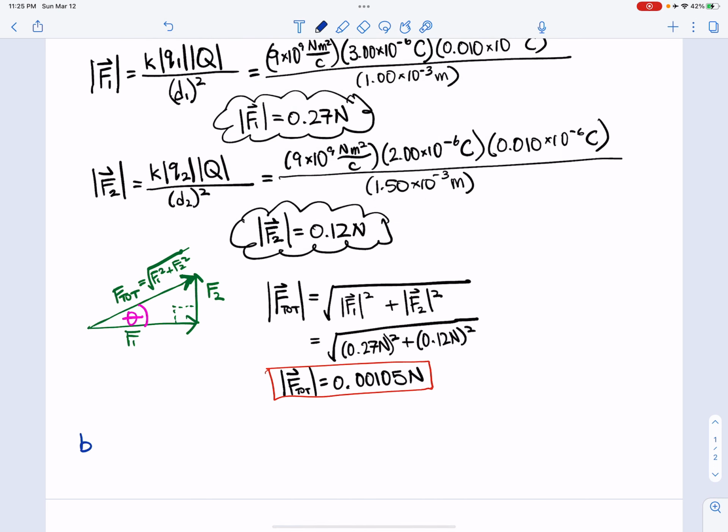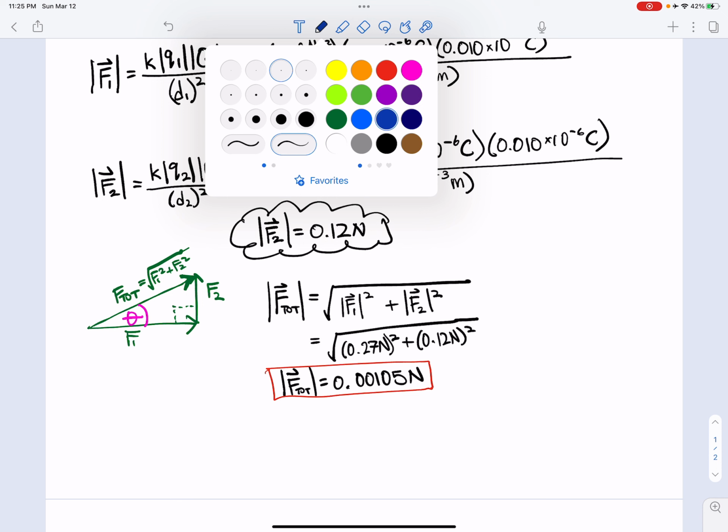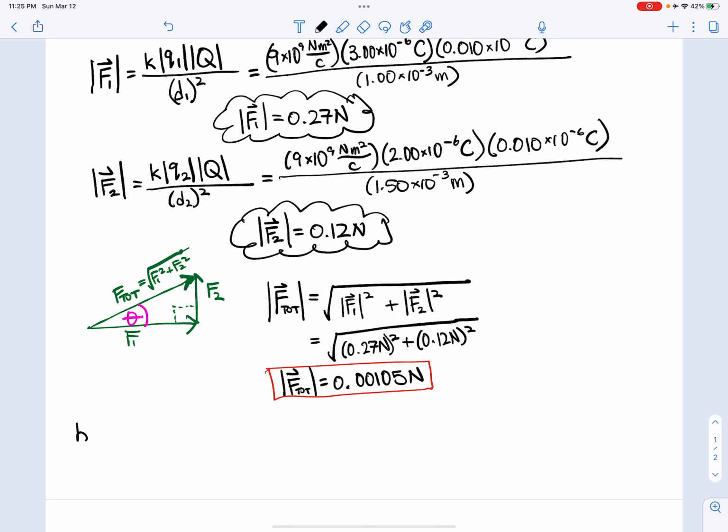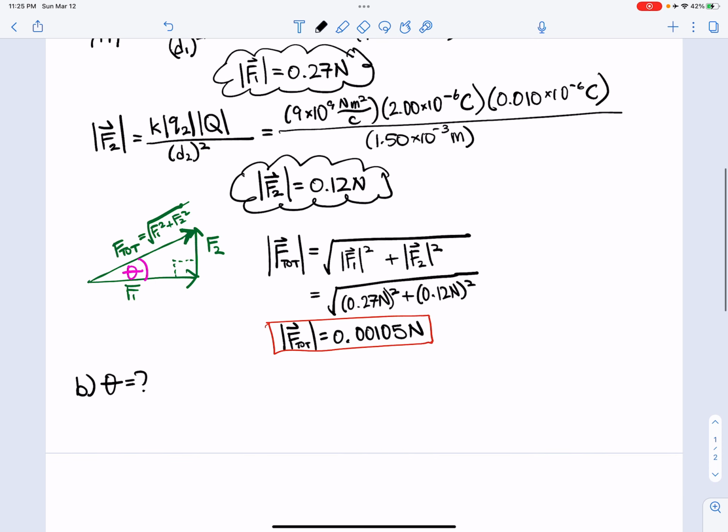So for part B, what is theta? Well, we can use the value of F1 and F2 to find theta, right?